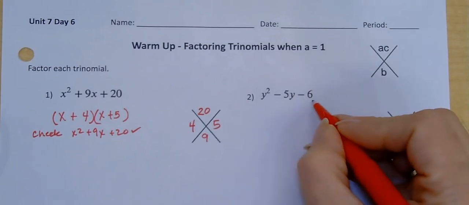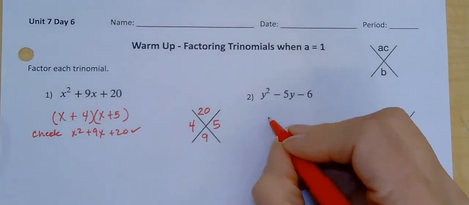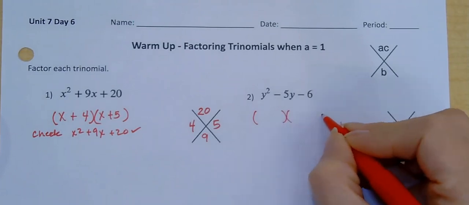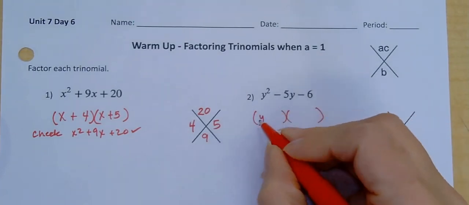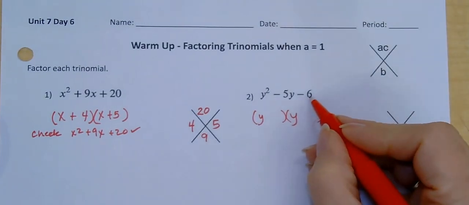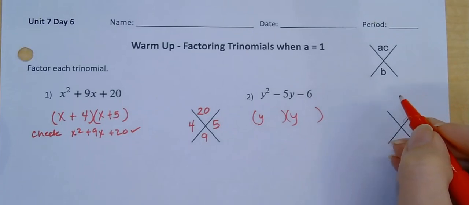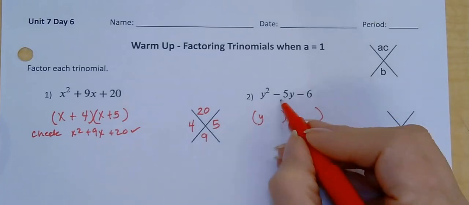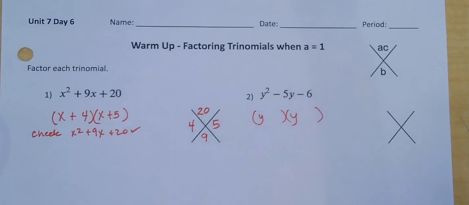Here I have y squared minus 5y minus 6. If I wanted to do a little bit of guess and check, I know that I'm going to have y and y as my first terms because y times y is y squared. And I need to get to negative 6, so it's going to be 2 times 3 or 6 times 1, right? I need negative 5 as my sum.